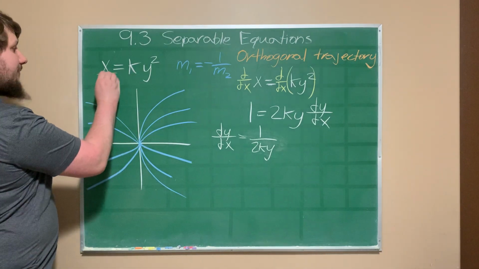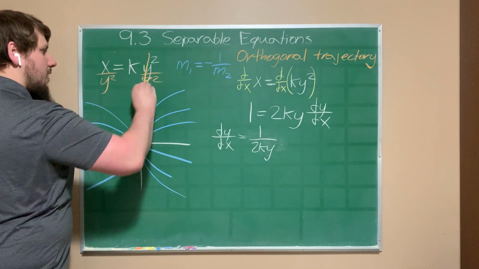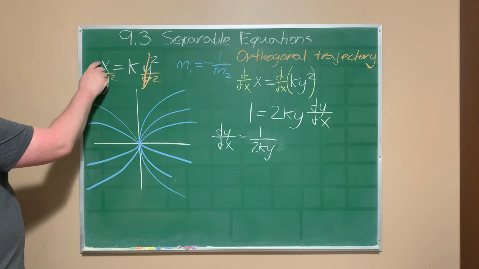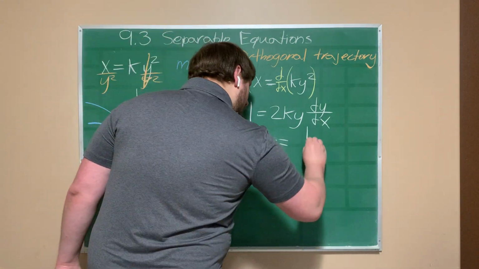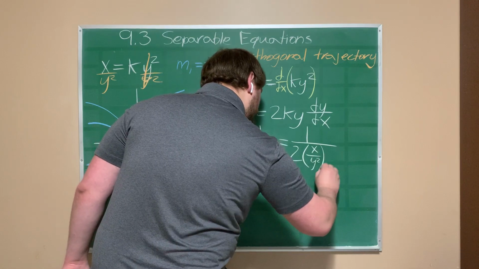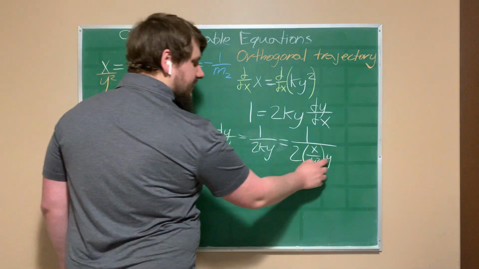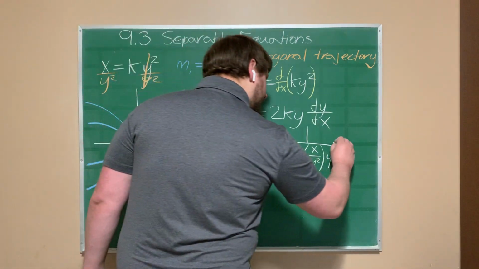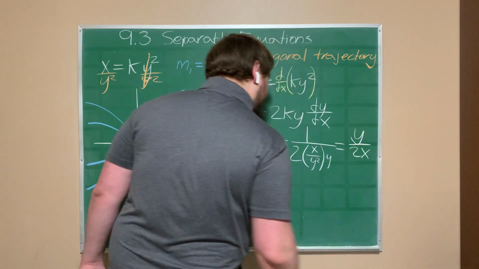If I just divide by y squared on both sides here, these guys go away, and I'll have k is equal to x over y squared. So this is equal to 1 over 2 times x over y squared times y. And so now we get some cancellation here, and our final result will be y divided by 2x.